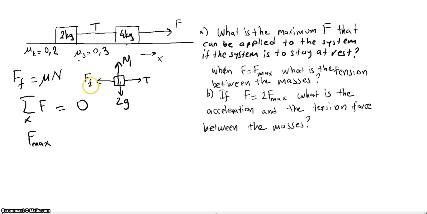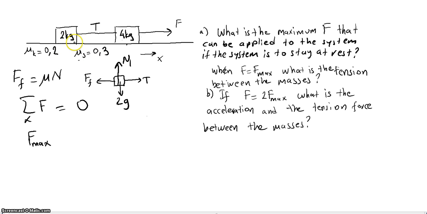So this frictional force, the static frictional force, will be n1 times the coefficient of friction, mu s. In this case, we use the static coefficient of friction, mu s, because the system stays at rest.